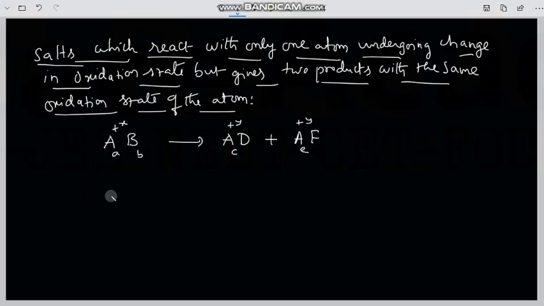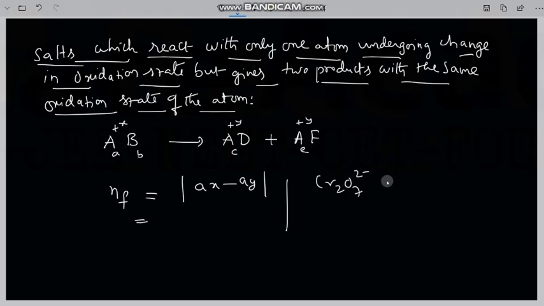For such a type of model, the n factor for this AB can be written as the modulus of aX minus aY. This is the formula for this compound. In this we have dichromate as an example. Cr2O7 2 minus gives rise to Cr 3 plus.